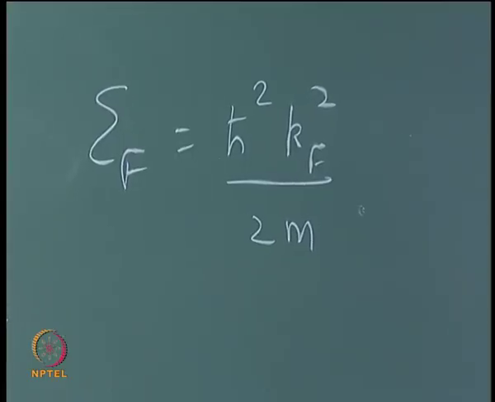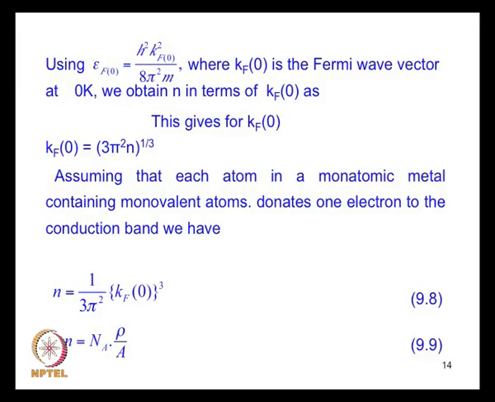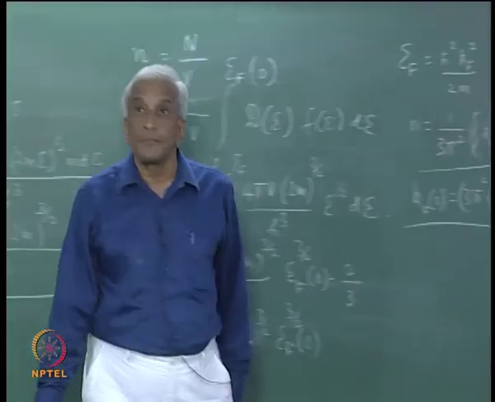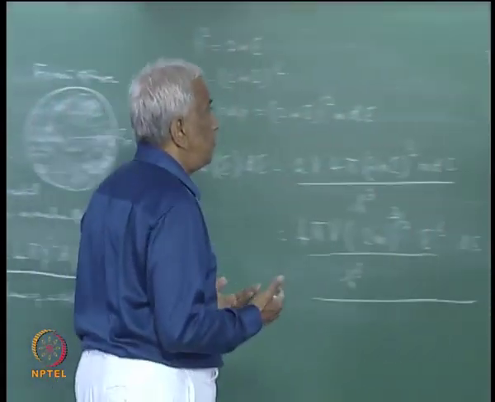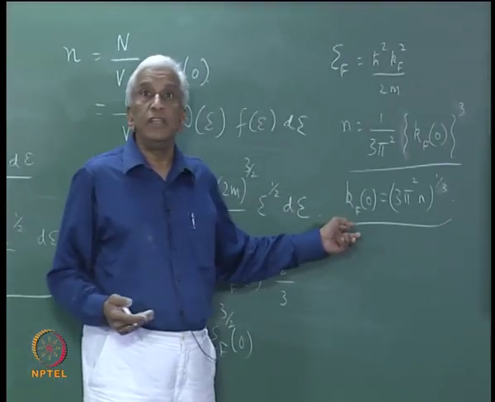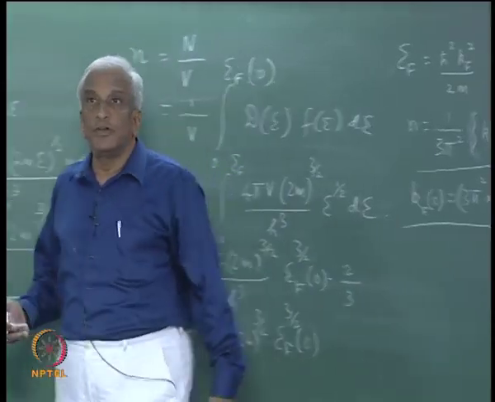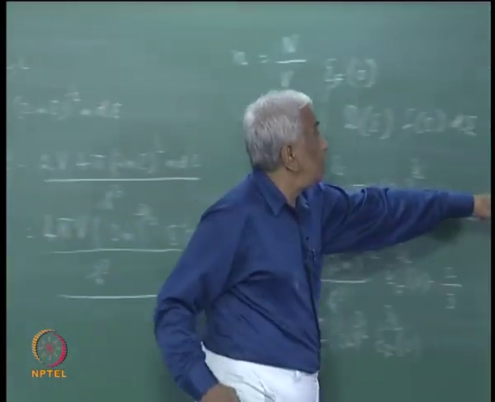Therefore, we get N as, so that gives you a rather compact relationship between the Fermi wave vector at absolute 0 and the electron concentration n.